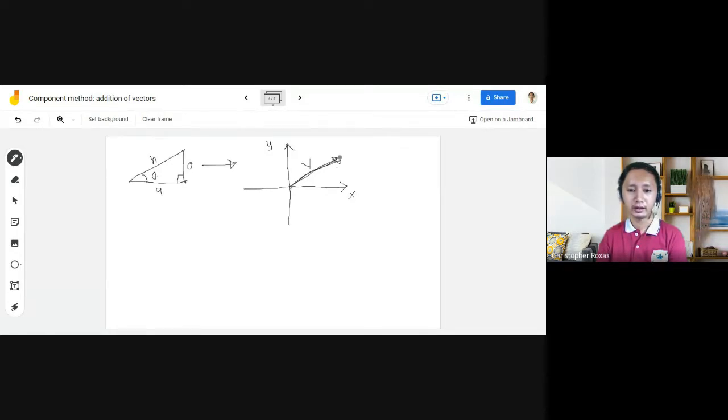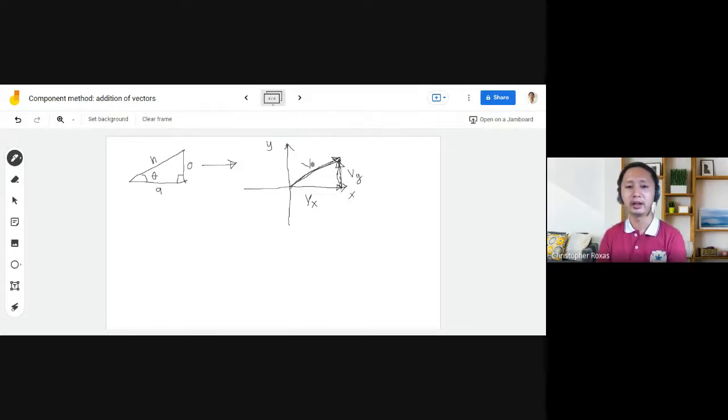Saan siya, ano ang kanyang x-coordinate? Okay? So, ito yung kanyang magiging horizontal leg at ito naman yung kanyang magiging, sorry class ha, vertical leg. So, the horizontal leg will be the x component. So, let us label it v sub x. And the vertical leg will be the y component. So, let's label it v sub y.